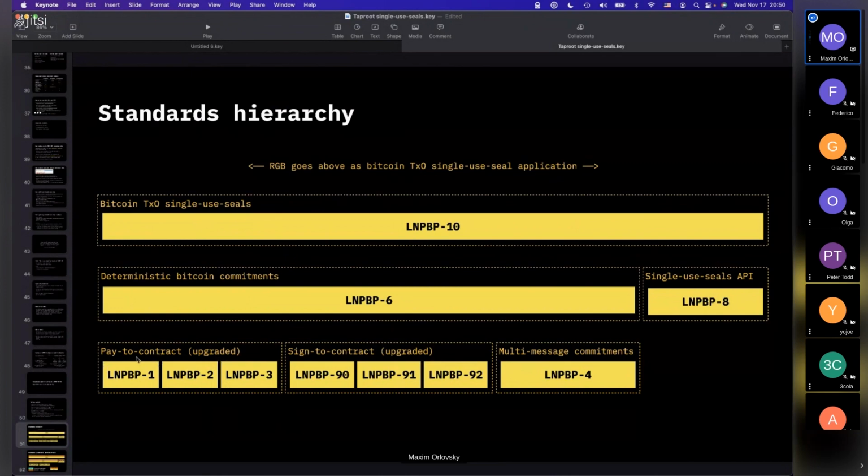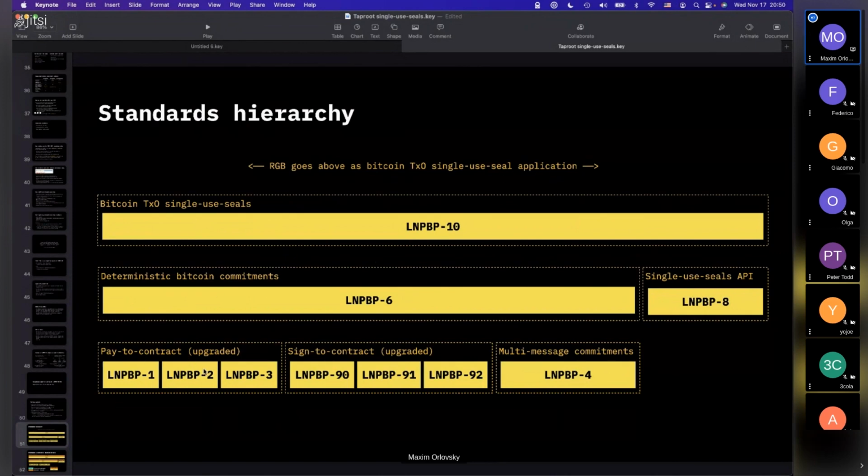So these are three standards, LNPBP 1 to 3. We have to design the sign-to-contract standards, which will be numbered from 90 to 92. And we have LNPBP 4, which defines how we can commit to multiple messages under multiple protocols in the single commitment that goes into a single-use seal.